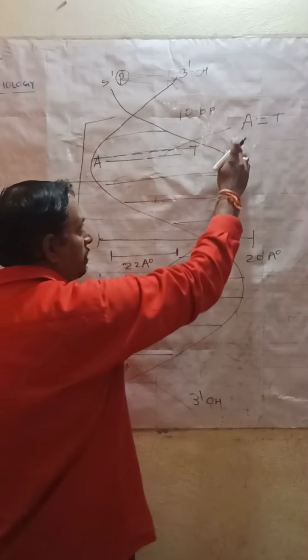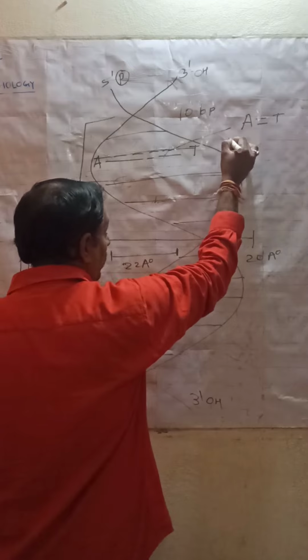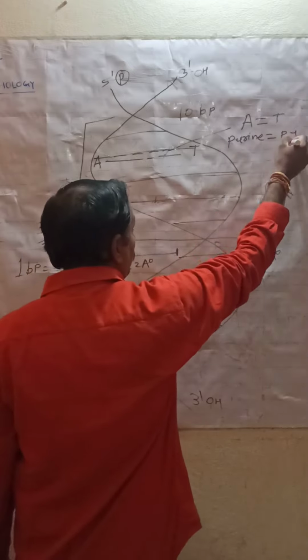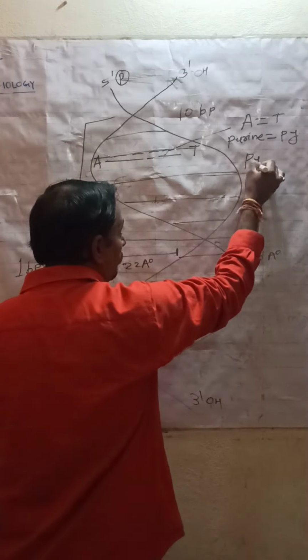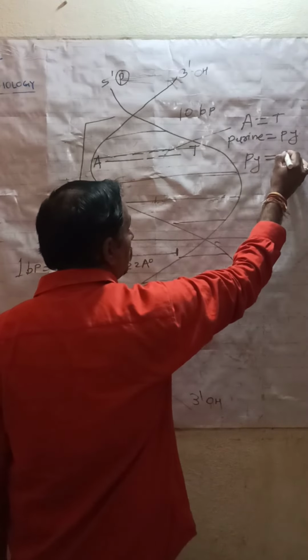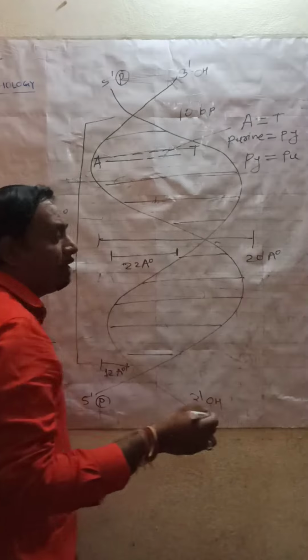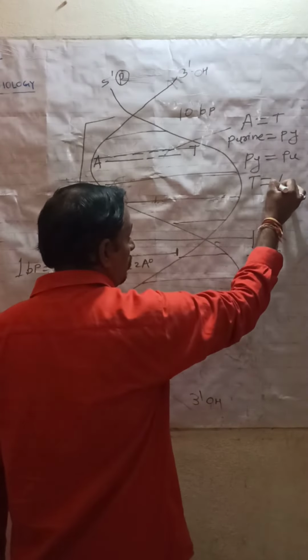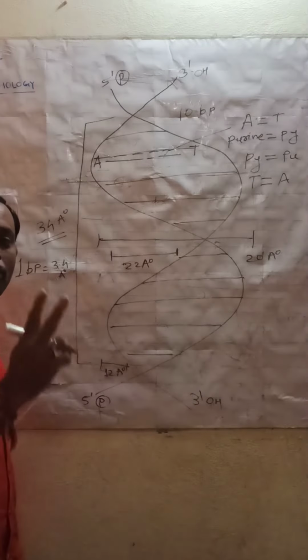A is a purine, a double ring structure. A purine always bonds with a pyrimidine, or a pyrimidine always bonds with a purine. PY-PU or PU-PY pairing should be there. So T can pair with A also, with the help of two hydrogen bonds.